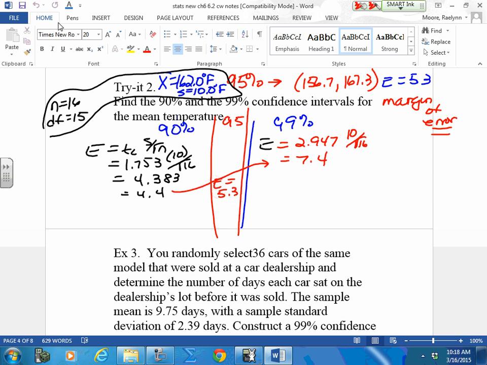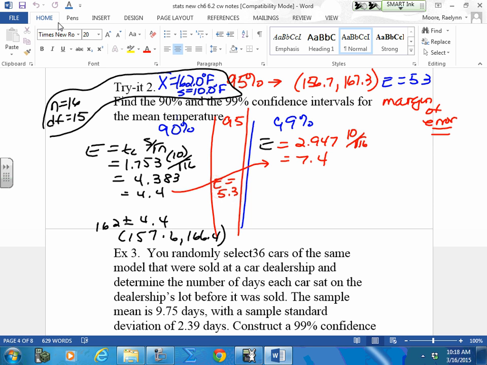So when we find these, 162 plus or minus 4.4, we should get 157.6 and 166.4.